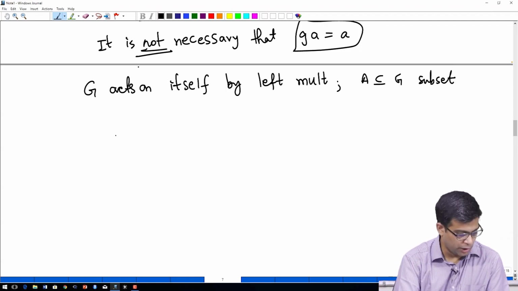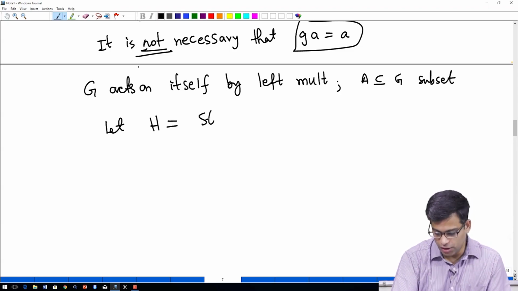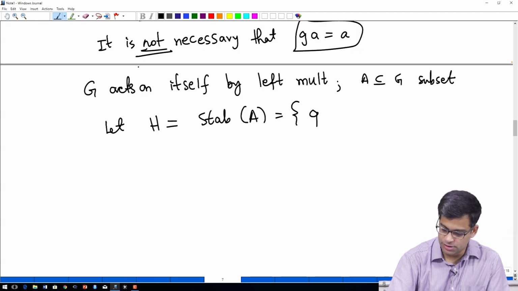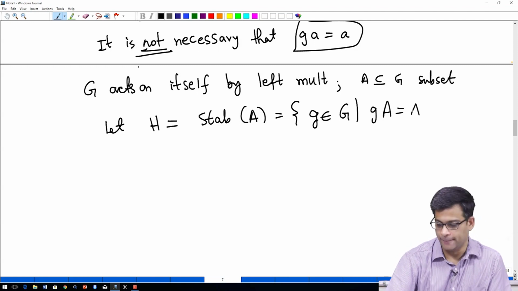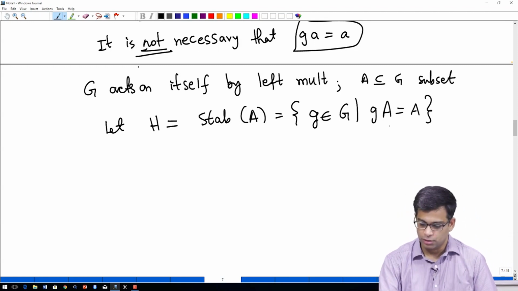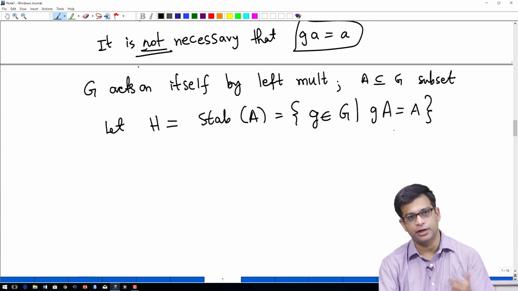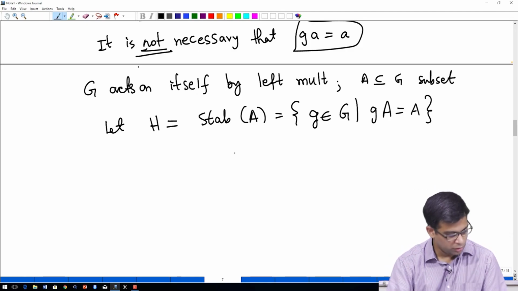Now let H be the stabilizer of A. Remember, this means it is all elements which fix the set A, not an element of A. They are allowed to interchange elements of A. You take an element of A, small g maps it to some other element of capital A.